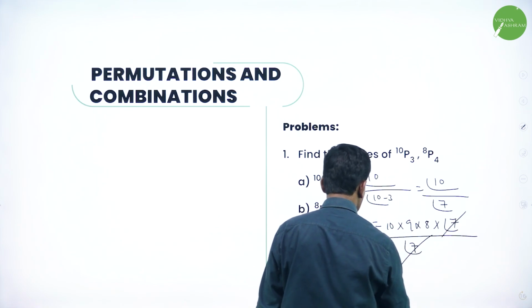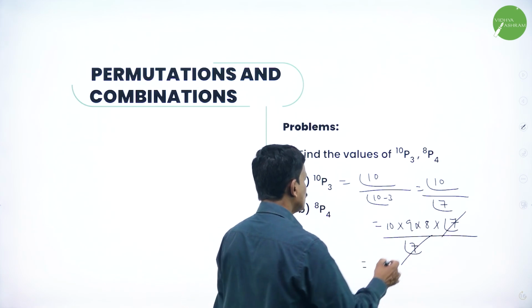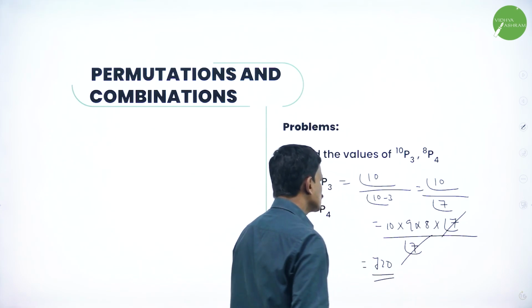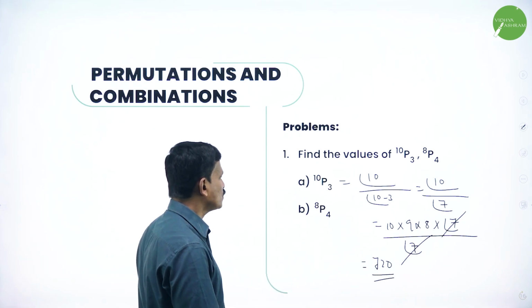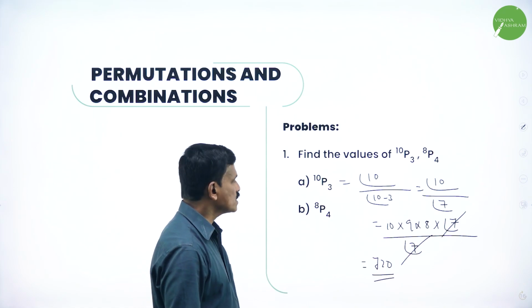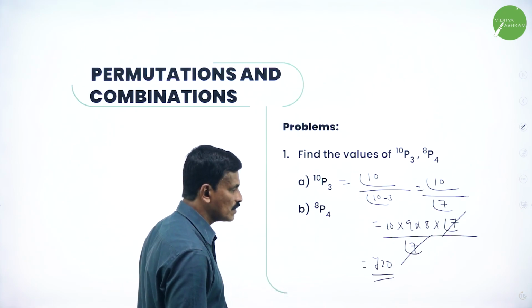These two get cancelled. Multiply this: 10 into 9 into 8, that's 8 into 9, 72, into 10 is 720.